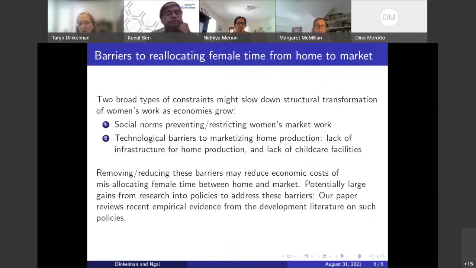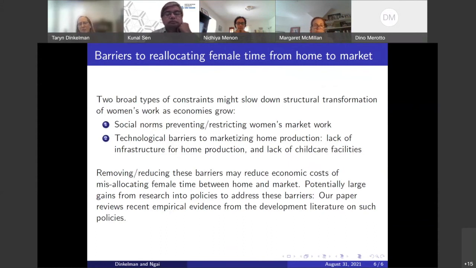At the same time, there are also large technological barriers to marketizing home production. So, for example, a lack of infrastructure for doing basic cooking and cleaning, a lack of childcare or elder care facilities are things that are potentially in the way of shifting that balance of time between home and market hours.